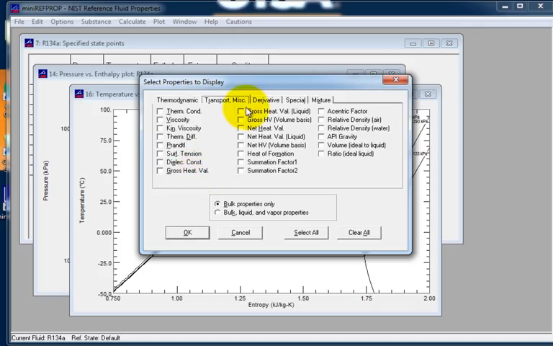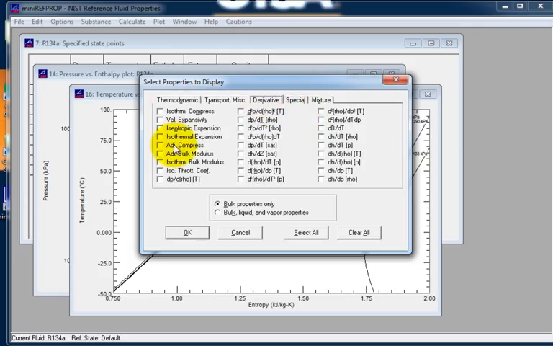You've got a lot. Here is, let me see, where do they put derivative properties? If you want the isothermal compressibility, volume expansivity, isentropic expansivity, all these properties and all the partial derivatives. All right, that's the chapter that I basically have to skip in this textbook to really go through thermodynamic relations. It's really more of a graduate topic.